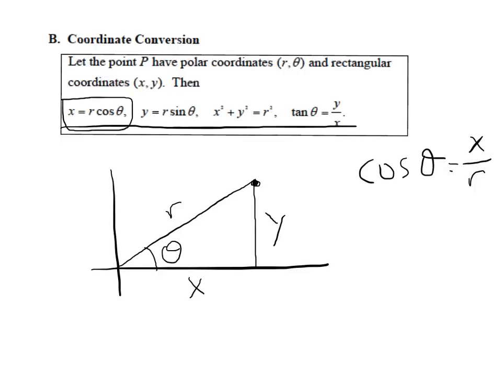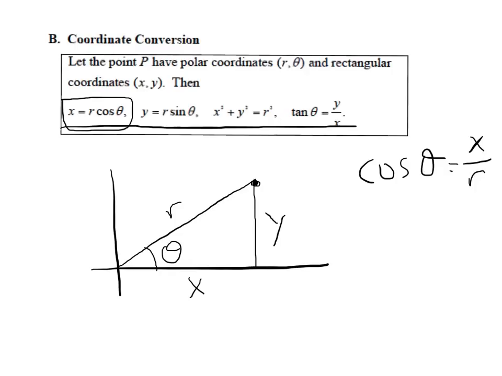Very similar for the second rule. You would just start with sine of theta equals y over r and solve for y. I think that the third rule kind of makes sense. You see the Pythagorean theorem there, x squared plus y squared equals r squared. And then the fourth one, just take tangent of theta, it's going to be y over x. And that's how we can convert between the two systems.